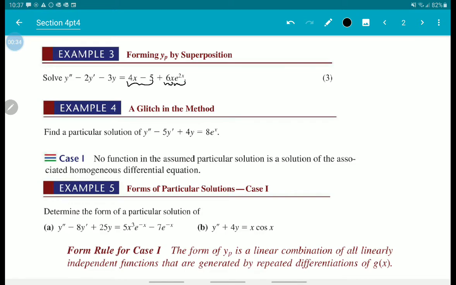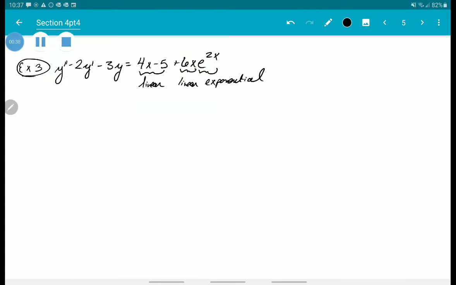So let's figure out how we can set up this particular problem. The first step is always to solve the associated homogeneous differential equation. In this case, our associated homogeneous differential equation is y double prime minus 2y prime minus 3y is equal to 0.